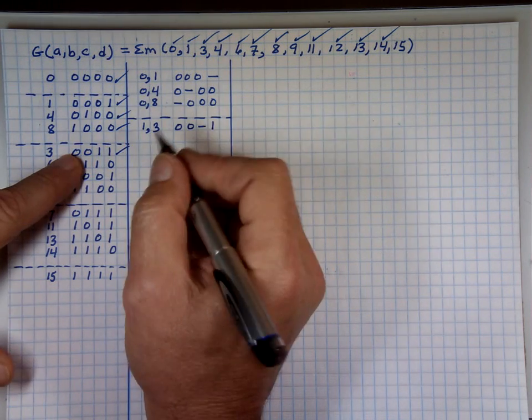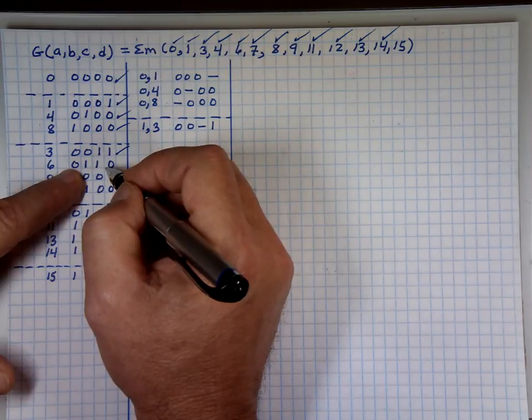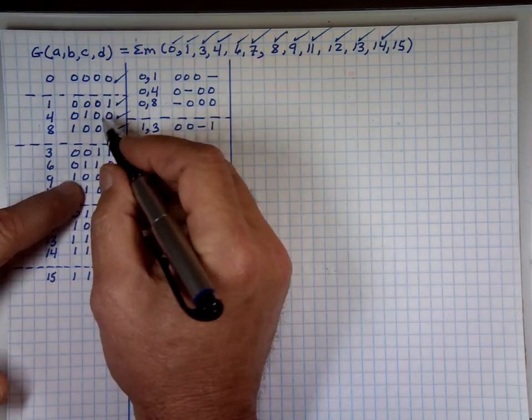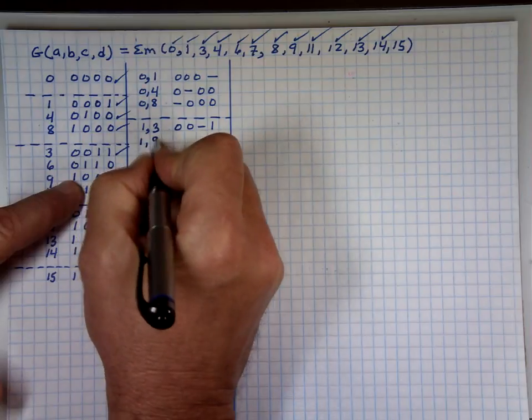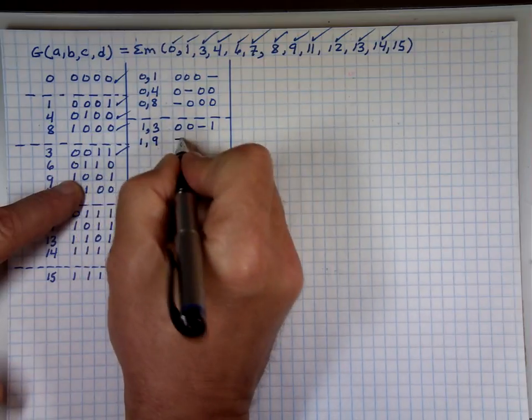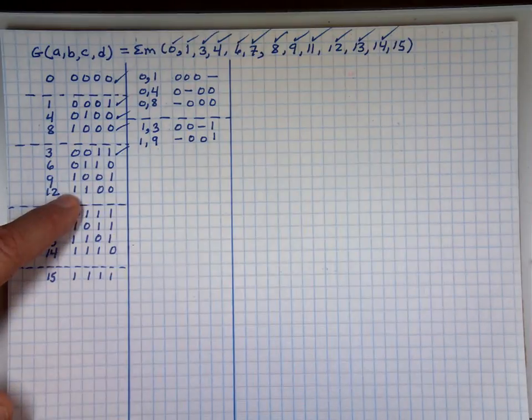How about 1 and 6? No. How about 1 and 9? Dash 0, 0, 1. How about 1 and 12? No. Don't forget a check mark next to 9, by the way.